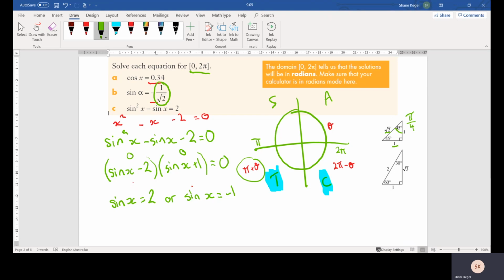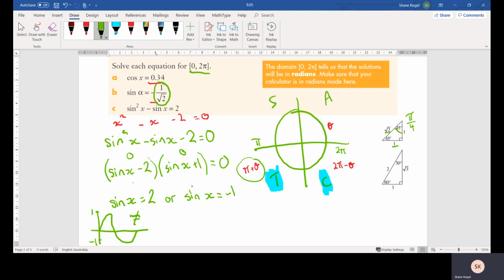Sine x equals 2 has no solutions, since sine only exists between 1 and -1. So between -1 and 1, sine exists. So sine never equals 2. So this is not possible, or we cannot find a solution.